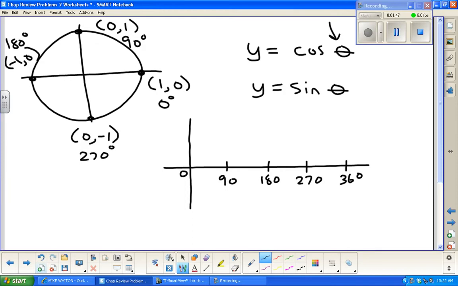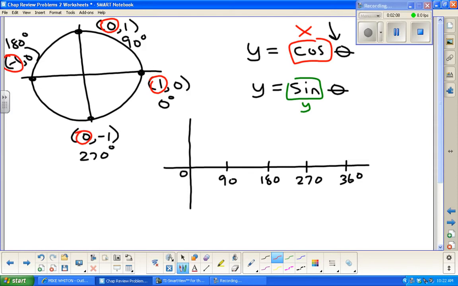The thing to remember is that the cosine values are the x coordinates. So cosine goes with x values. When we do sine in a minute, sines go with y values. So on the circle, the cosine of each of the angles are just the x coordinates, because that's kind of like the adjacent side.